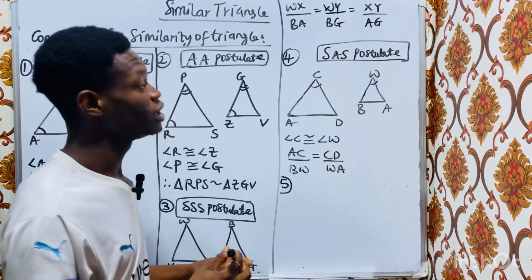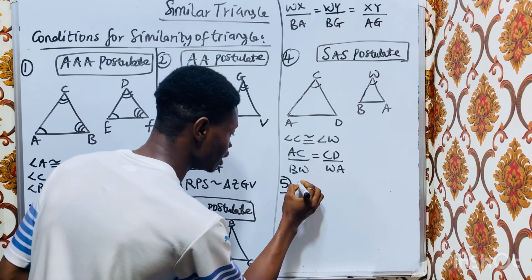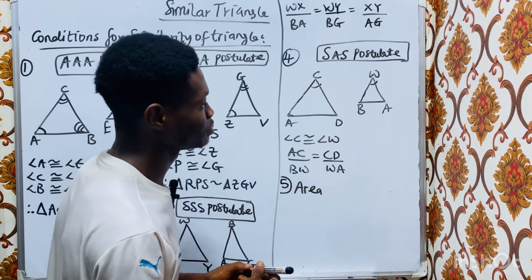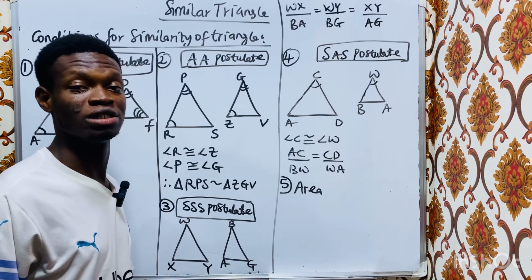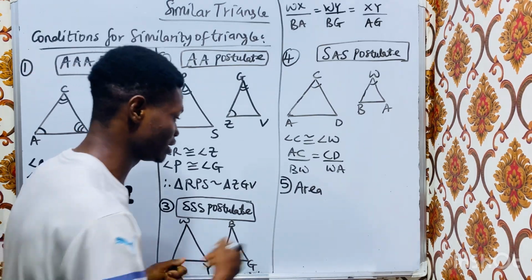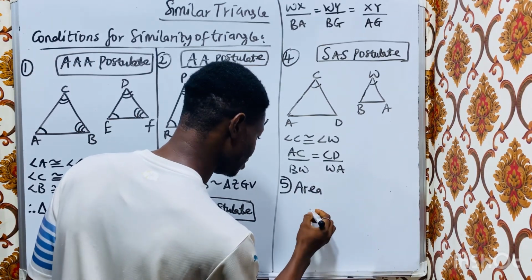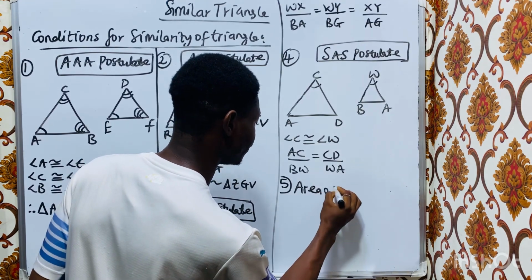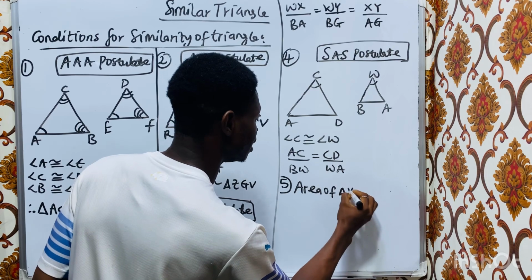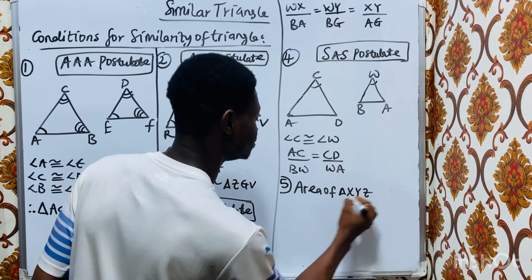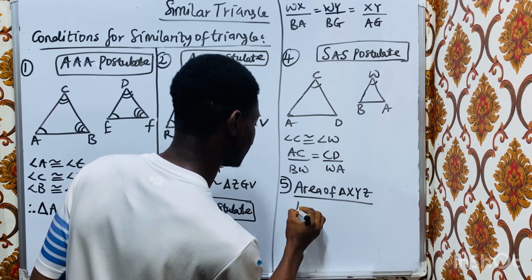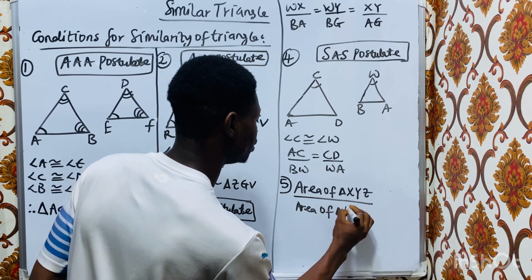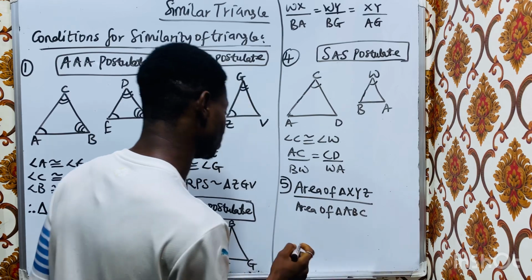Now the fifth one is if the ratio of the areas of the triangles is equal to the ratio of the squares of their corresponding sides. So for example, I have this triangle, the ratio of the area of triangle XYZ over the area of triangle ABC.